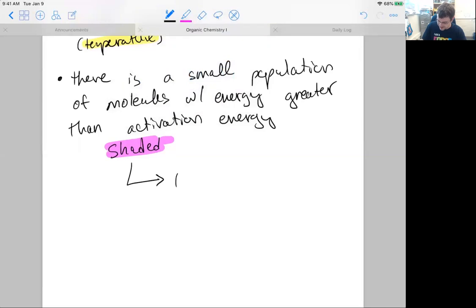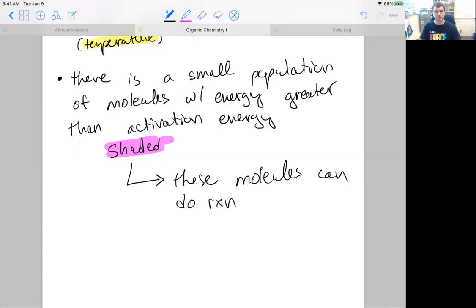And what this means is these molecules can do the reaction. Okay, good for them. They're in a small part of that distribution. The total number of molecules that have the energy capable of doing that reaction is small, because the shaded area above our activation energy is not very big.